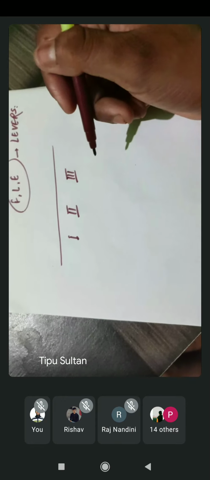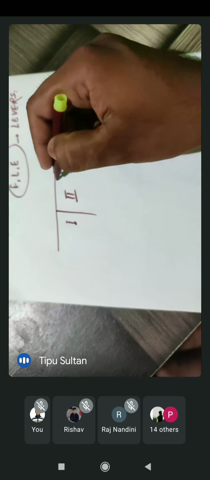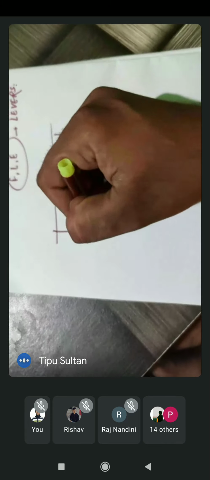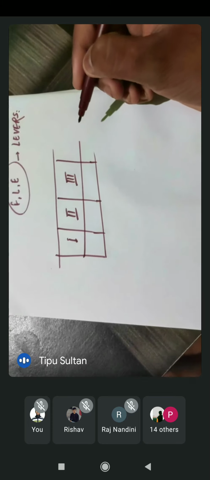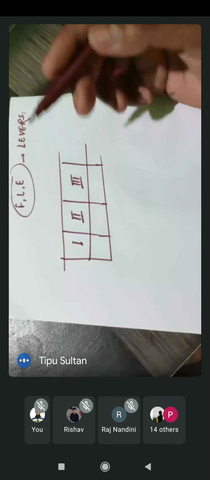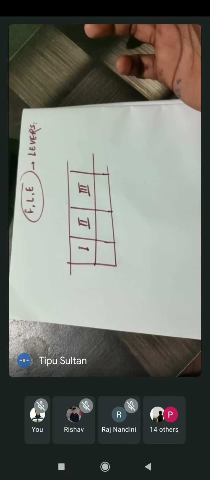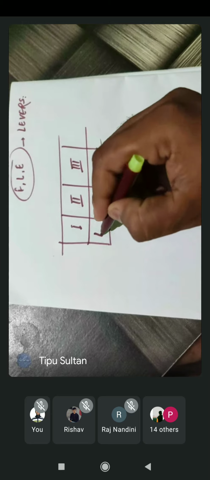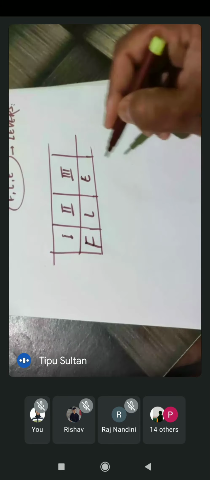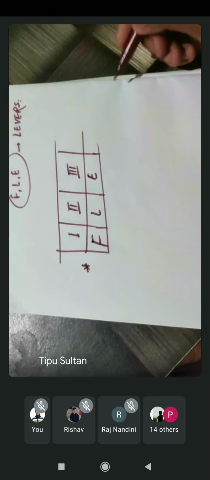I will give a very important shortcut method to learn where the fulcrum, the load and the effort are situated. If you just learn it like 1 2 3, F L E, this will be the key.